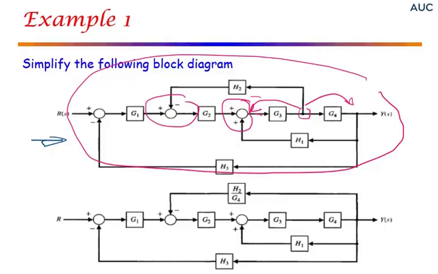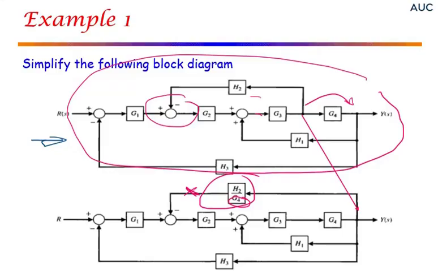So what we should do actually is to move the pickoff point to the right. In that case, in order to keep the signal unchanged, since the new signal will be multiplied by G4, we have to divide by G4, and that's what happened here. We moved this point like here, and we divided by G4, so the signal here will remain unchanged as it was before the adjustment.